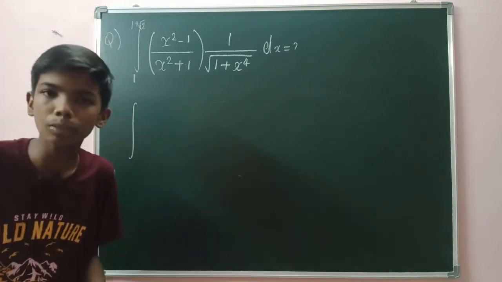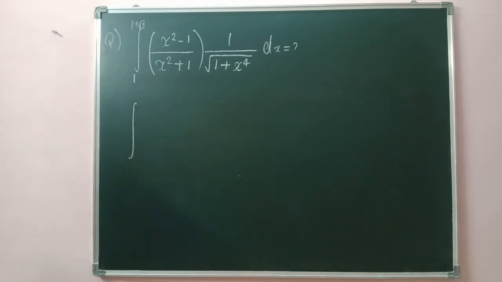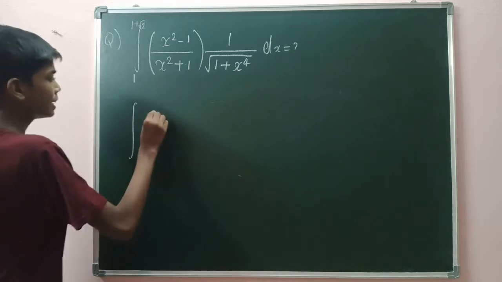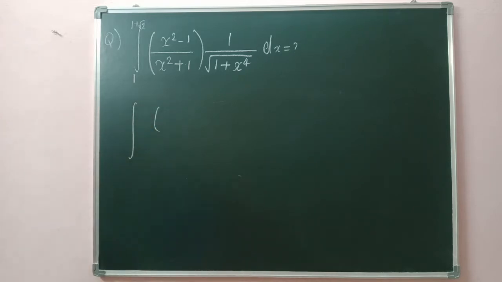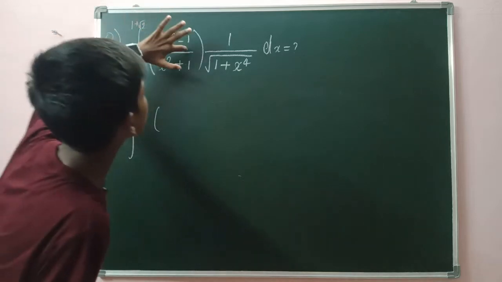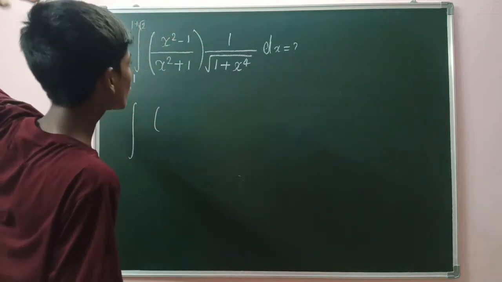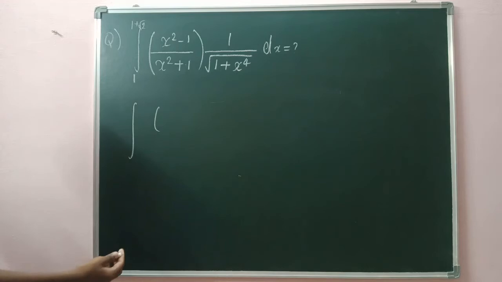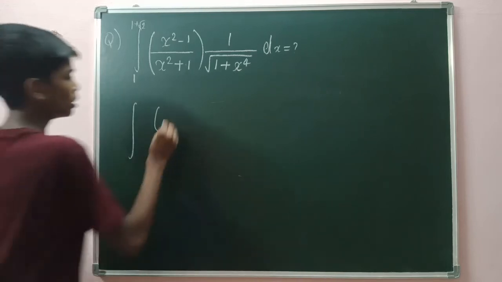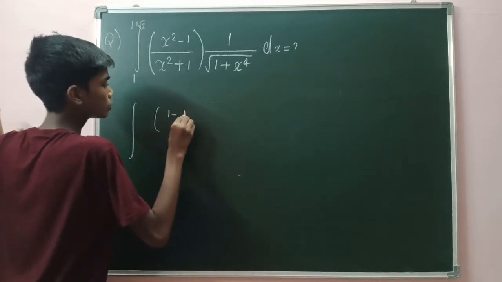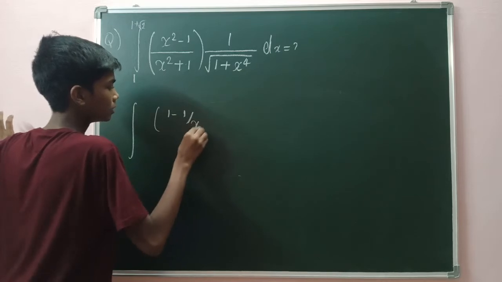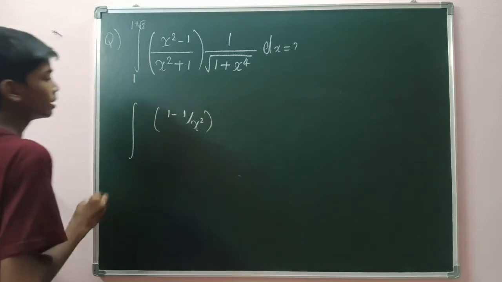So when you divide x square on the numerator, you get (x square minus 1) by x square, which is 1 minus 1 by x square. Correct? This is what you will get.